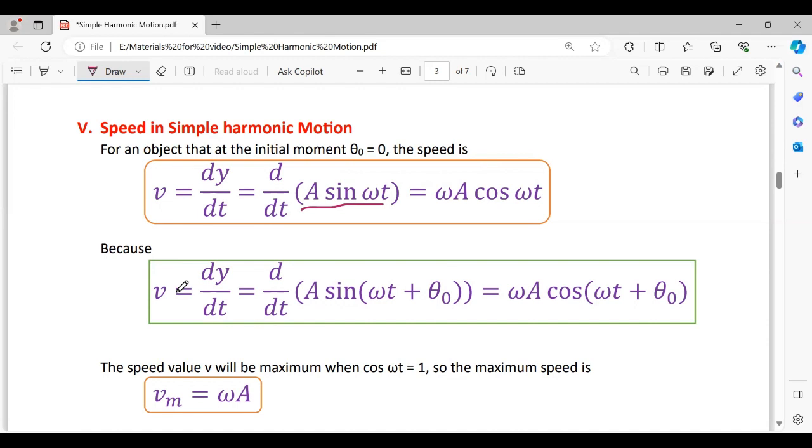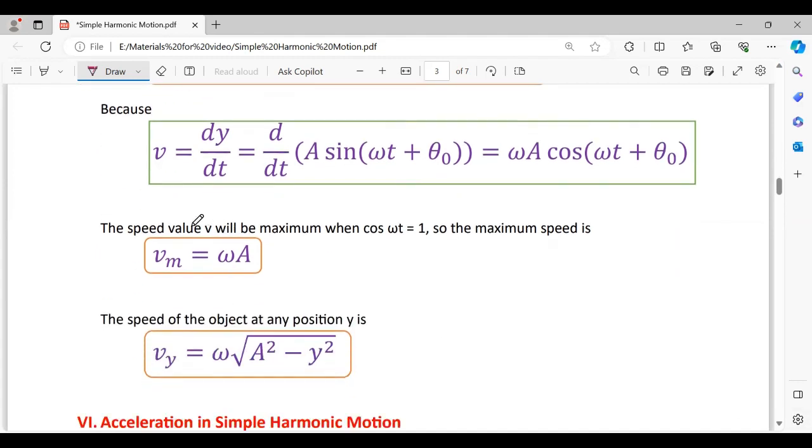Why? Because v equals dy over dt equals d over dt of a sine omega t plus theta 0. So the derivative becomes omega a cosine omega t plus theta 0. Then the speed value v will be maximum when cos omega t equals 1.